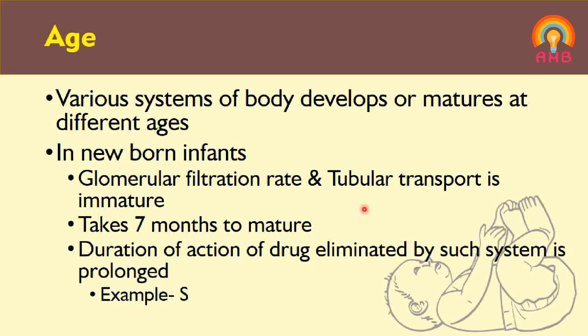If these systems are not yet developed in the infant, and you give streptomycin to that infant, there are chances of toxicity, because the processes responsible for elimination are not developed and the drug accumulates in the body.